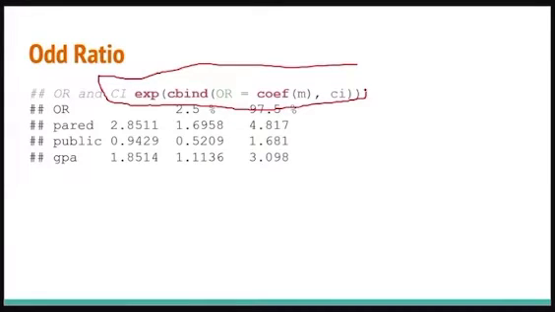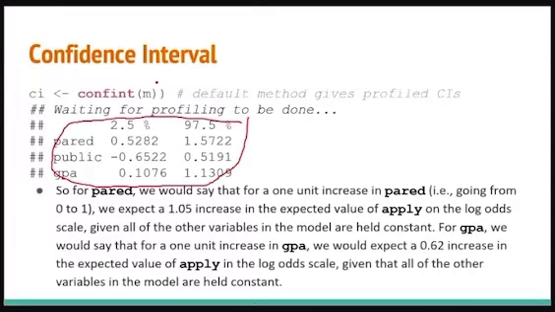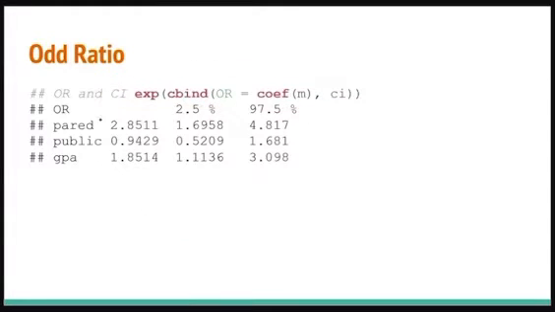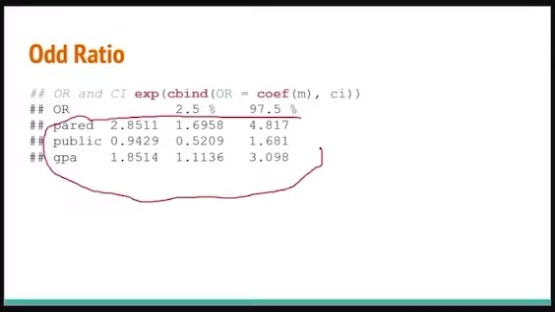Don't forget the CI, you've gotten the CI before here. Your CI equals confint of the model. So this is now going to give you three things. The first values are the point estimate of the odds ratio, while the other ones are the confidence interval for the odds ratio.